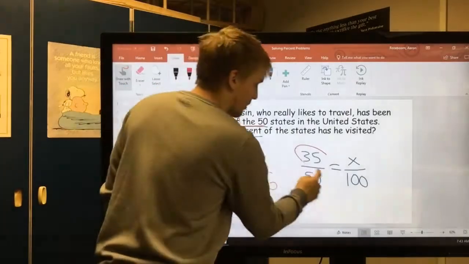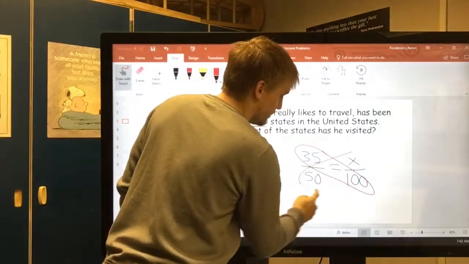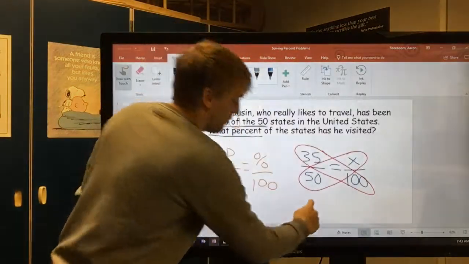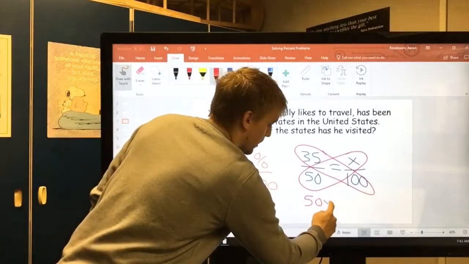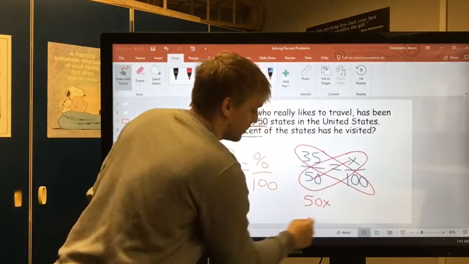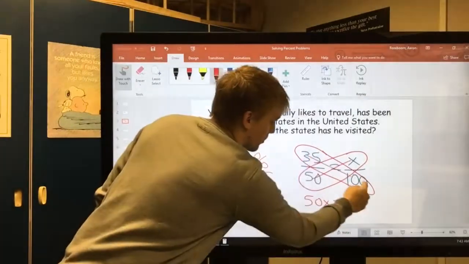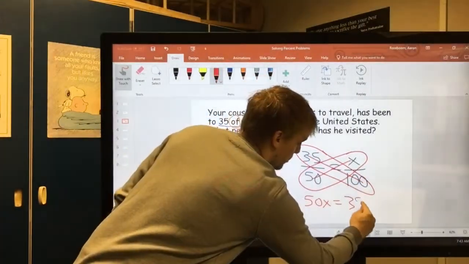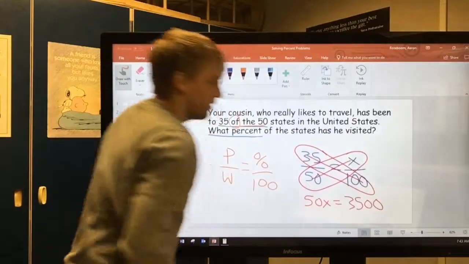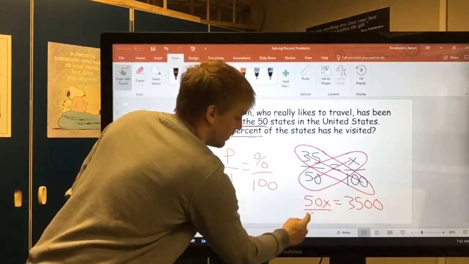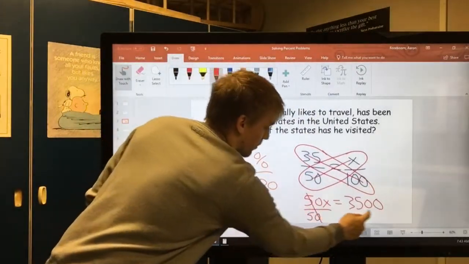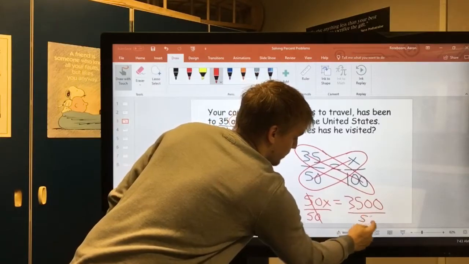So we can cross multiply these, so we'll get 50x when we cross multiply these, and that equals 35 times 100 would be 3,500, and then we would be able to divide 3,500 by 50.